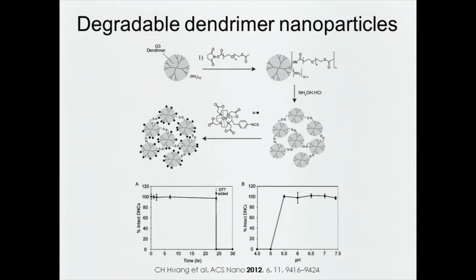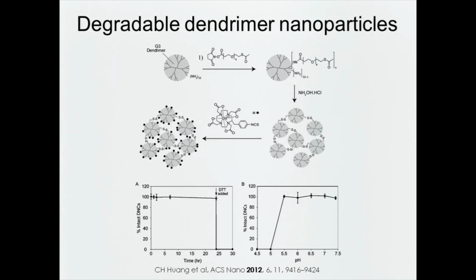Another study, in this case, they used a small dendrimer, and this G3 dendrimer is so small that it can be excreted via the kidneys. What they were looking to do was to link some of these subunits together to create a larger structure with disulfide links.